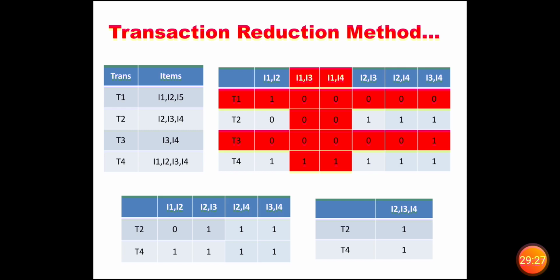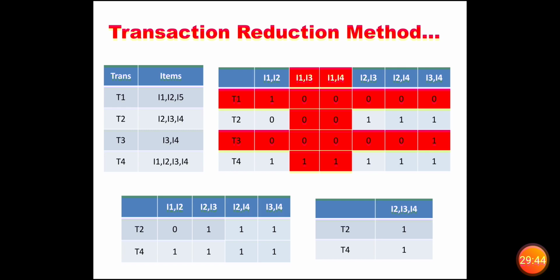The same item set I2 I3 I4 is also present in base table T4. In the base table T4 transaction, we have I2 I3 I4 also, so here also we marked 1.